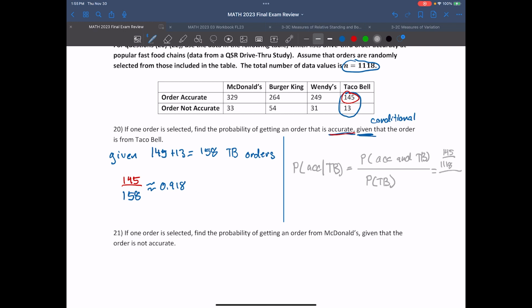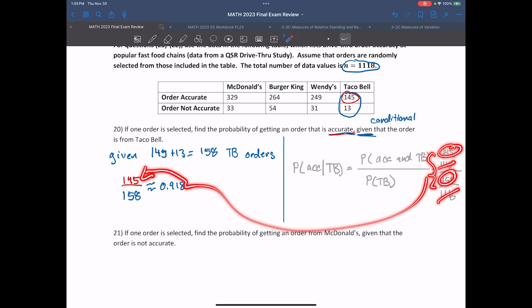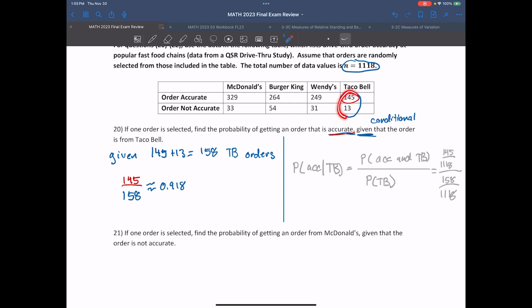Then you divide that by Taco Bell, which is going to be 158 of the 1,118 orders. Multiply by the reciprocal. These cancel. You get the exact same fraction that we got over here. I prefer this way. It's a little more intuitive for the level of probability that we need. This formula is still good to know for advanced probability, but just reason through it like so.